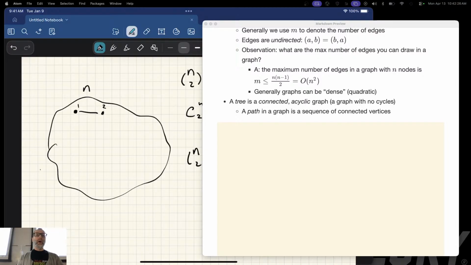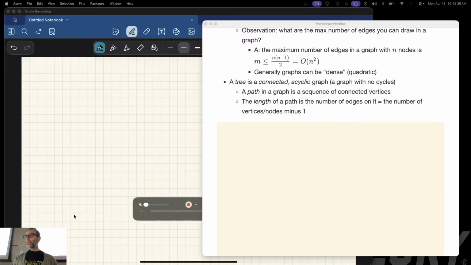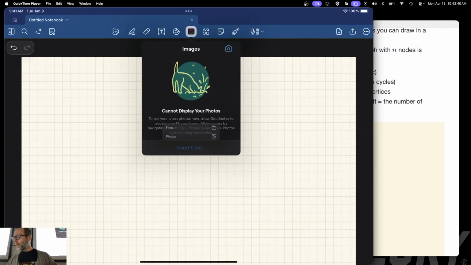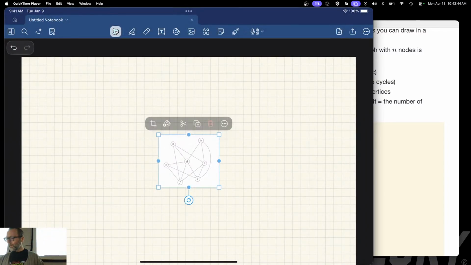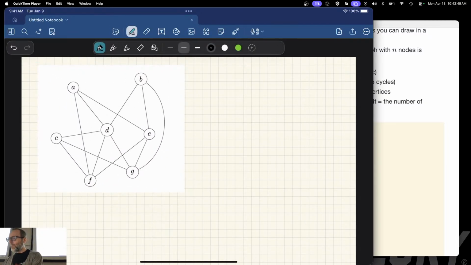We also need to know what the length of a path is. The length of a path is the number of edges on it, which is equal to the number of nodes minus 1. So let's take a look at an example. Let's use that same graph that we had before. Let's bring in that graph, and let's identify one or a couple of paths here.